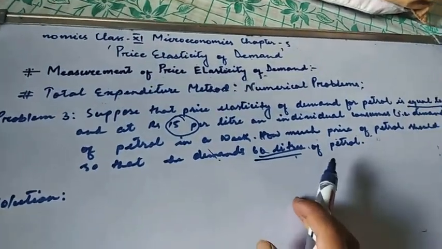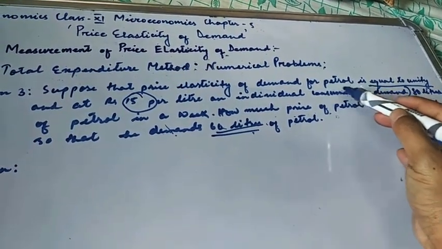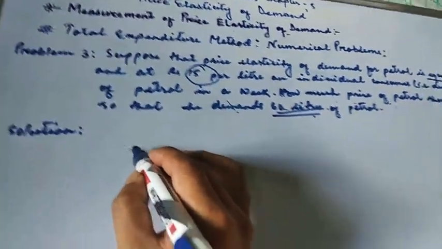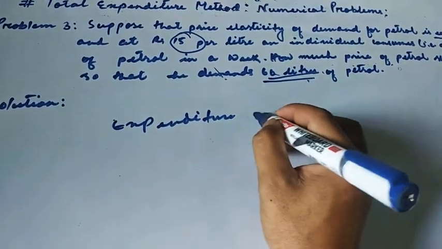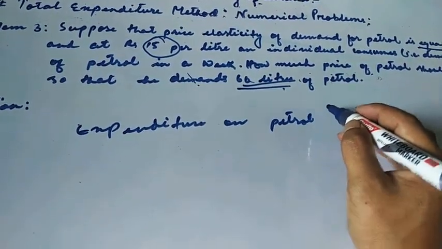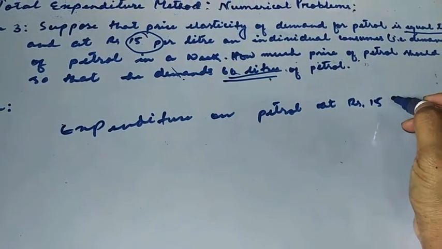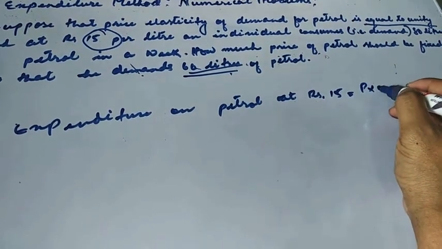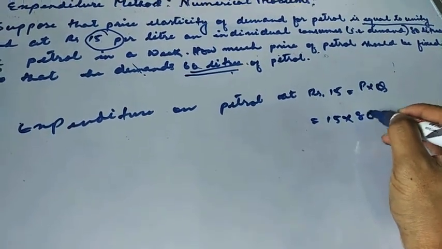So expenditure on petrol at rupees 15 per liter is P into Q, that is 15 into 80.